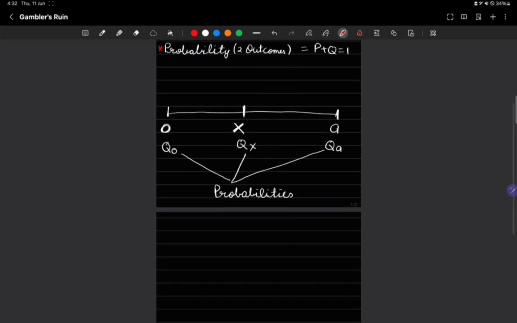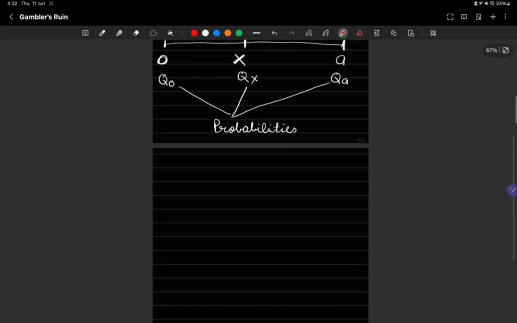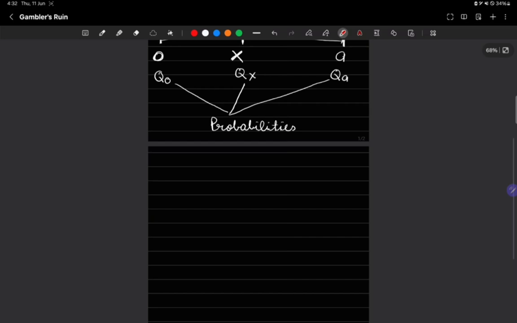Now we can denote the probability values here. Let's say Q0 is 1, because we are interested in finding when it will go broke, so the event of going broke will be 1.